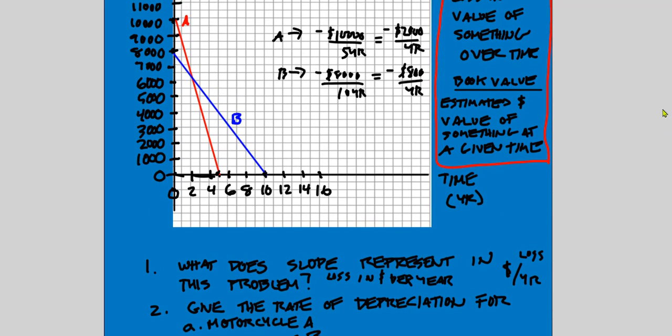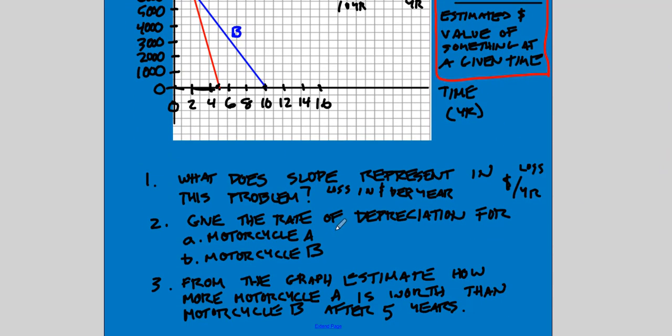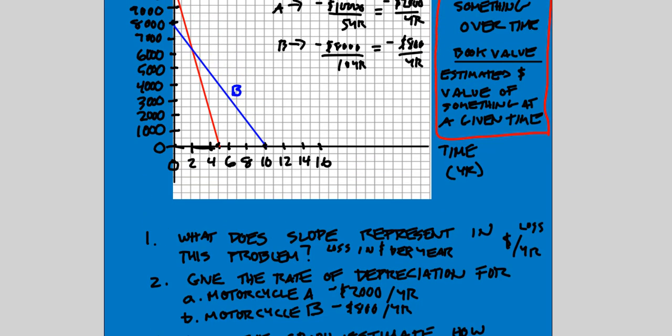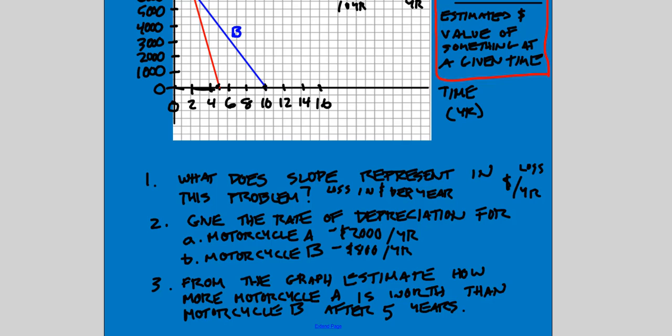So A is negative $2,000 per year, and B is negative $800 per year. So A has more initial value, but it depreciates faster than B.